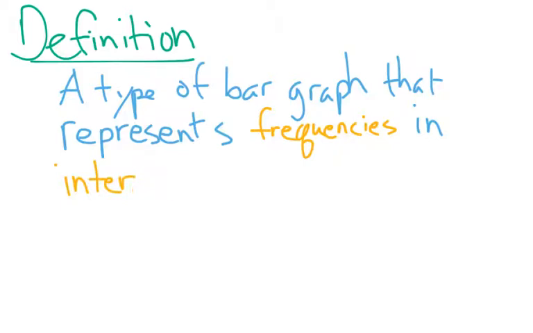And that's not how you spell that. Intervals. There we go. Okay, so a histogram is a type of bar graph that represents frequencies in intervals.